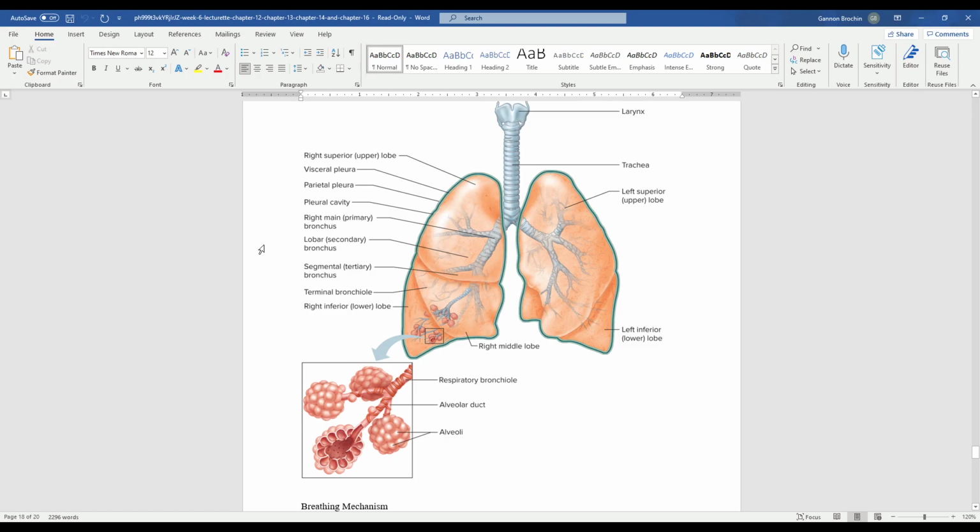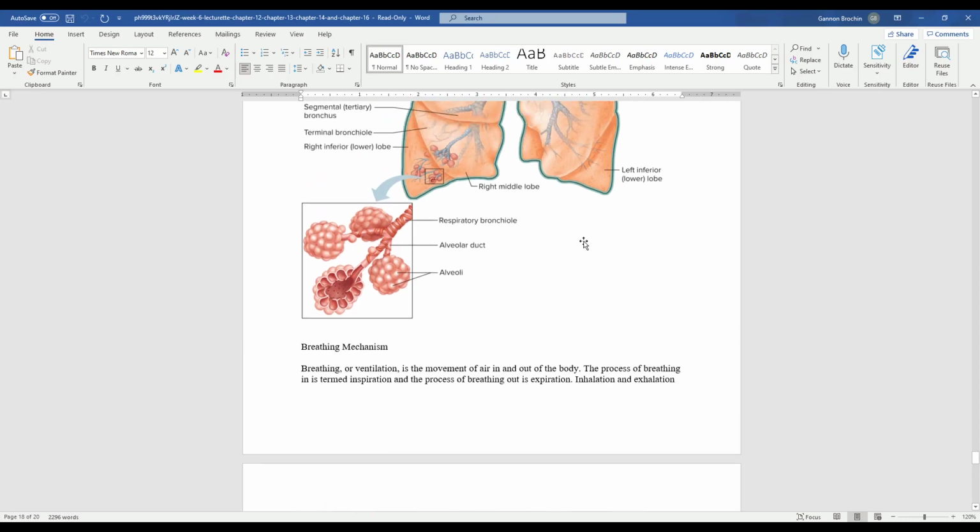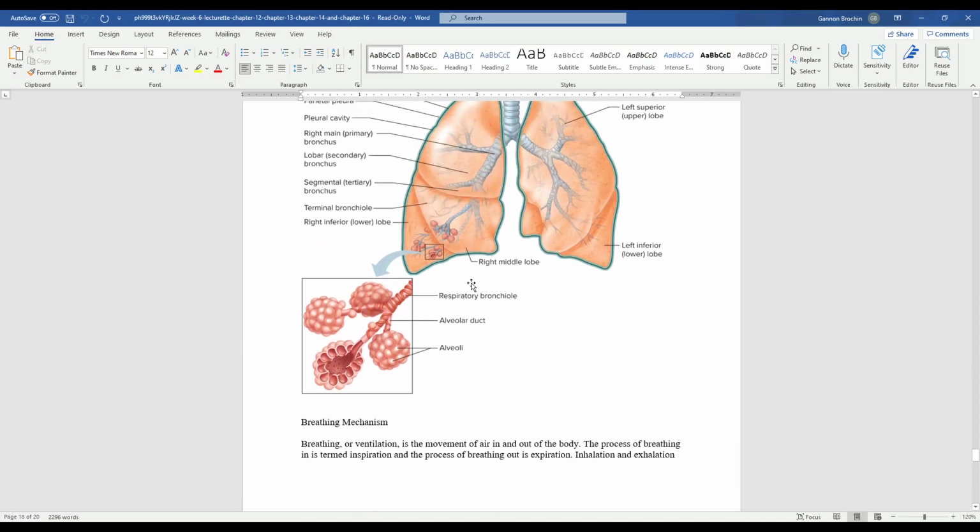Tertiary bronchi continue on. You get to the bronchioles. After the bronchiole, you get down to the alveoli. Specifically, it's respiratory bronchioles, alveolar ducts, and then the alveoli.